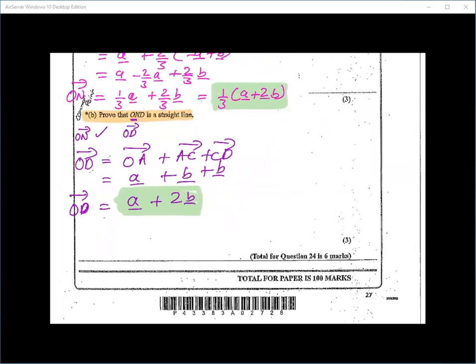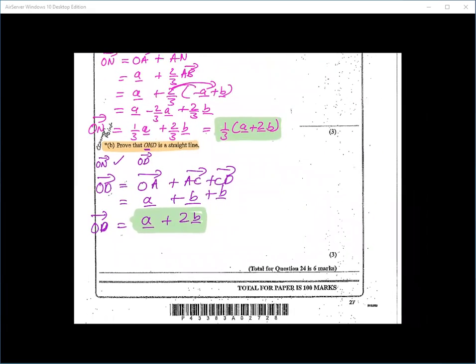So are they parallel? Yes, they are. And because they have a common starting point of O, it is a straight line. So they're parallel vectors that lie on top of each other, and that's what we need to put down in the sentence part. Let's talk about the parallelness of it first.